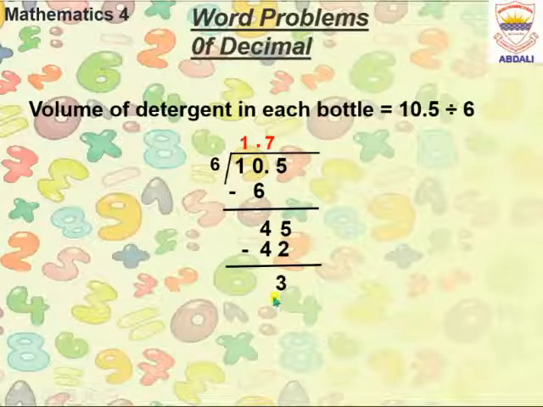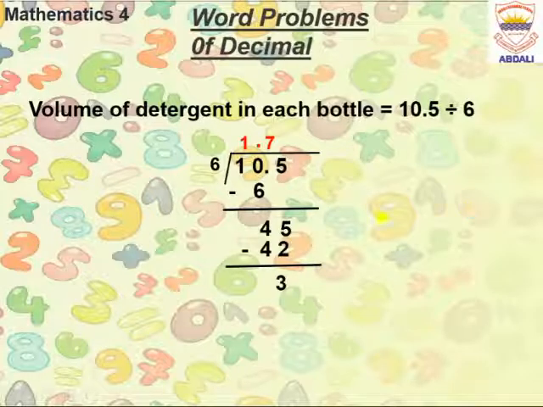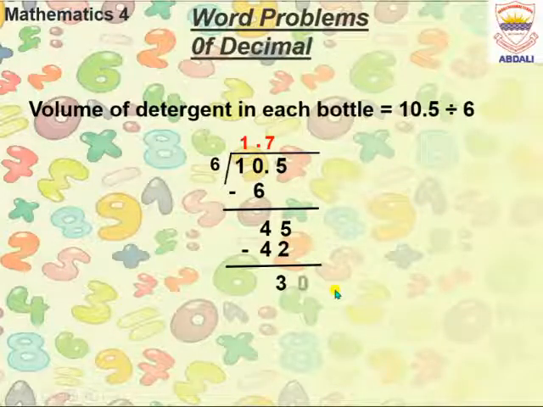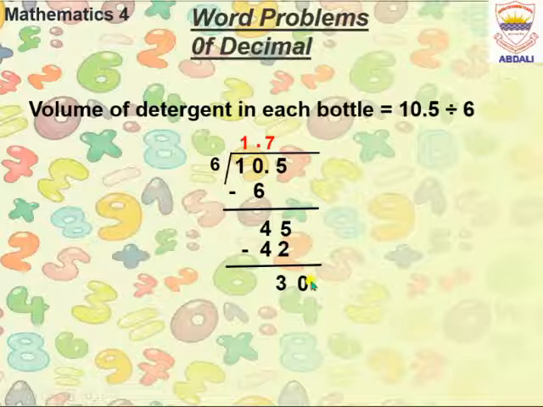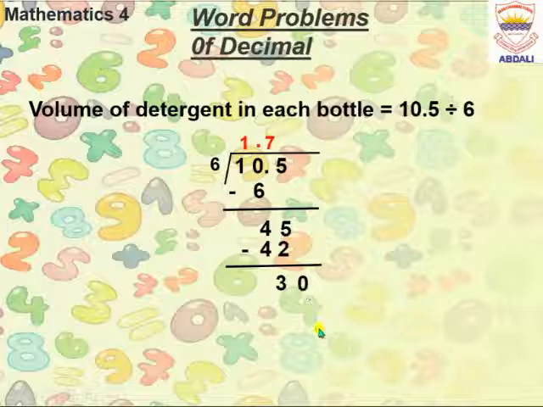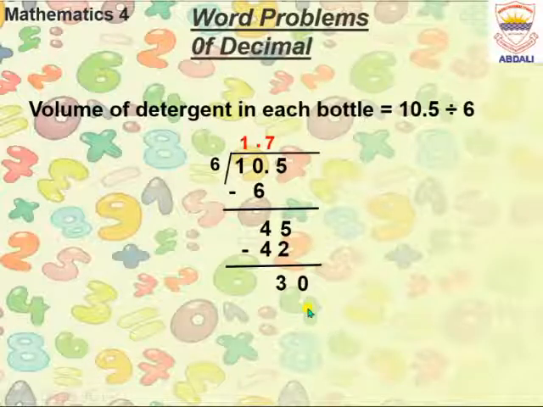Again, 3 is smaller than 6 and we know that we cannot leave the remainder. So we have to divide it further. That's why we will put 0 here. As I told you, we can put as many 0s as we need after putting the decimal.